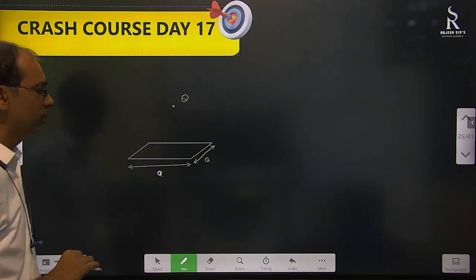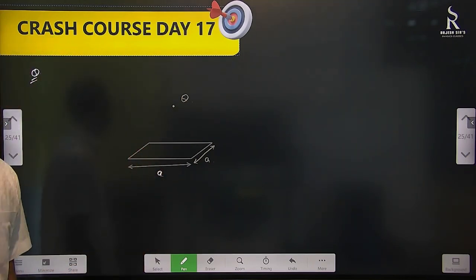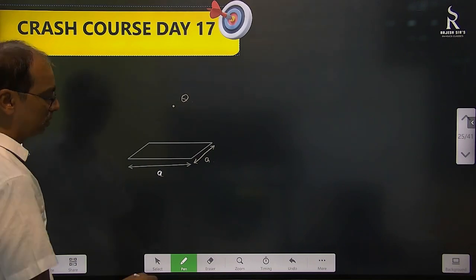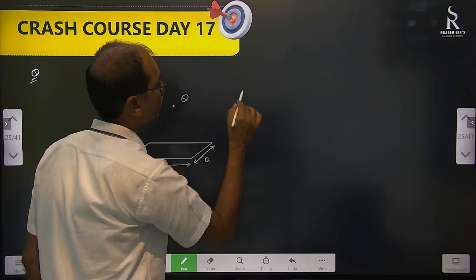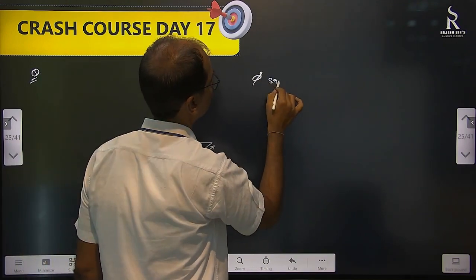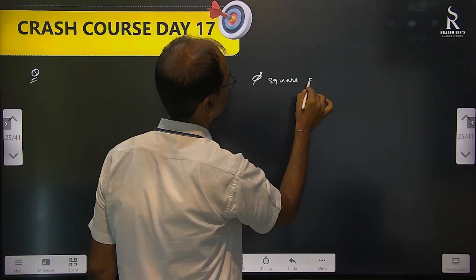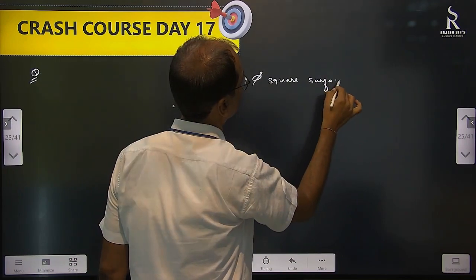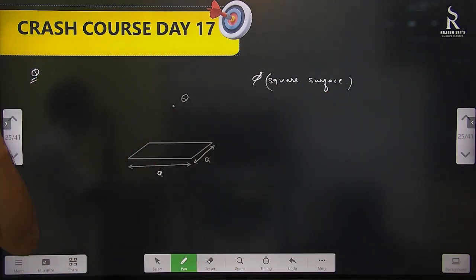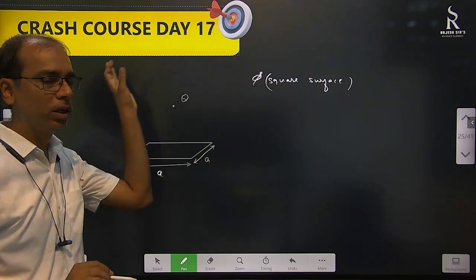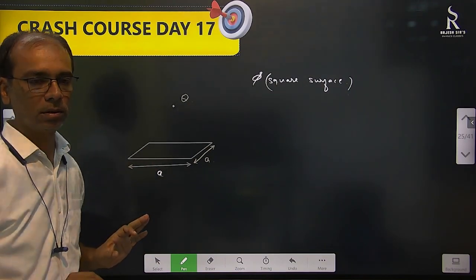The question asked is, what is the flux through this square surface? We know that this charge is placed in air and electric lines will be going in all directions.